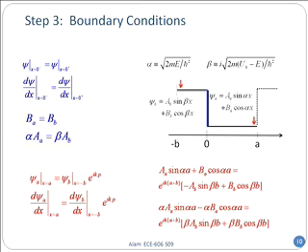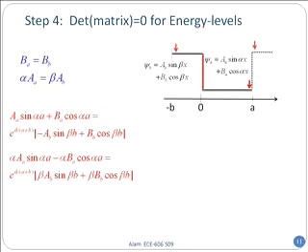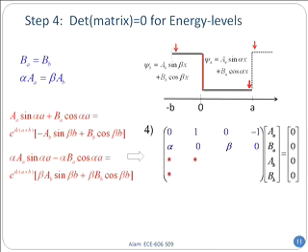How many equations do I have here? I have 4 equations, right? 2 blue, 2 red. How many unknowns? 4 unknowns. You can see B sub A and B, A sub A and B. I'm done actually. So if I have that, step 4 was to put them in a matrix.